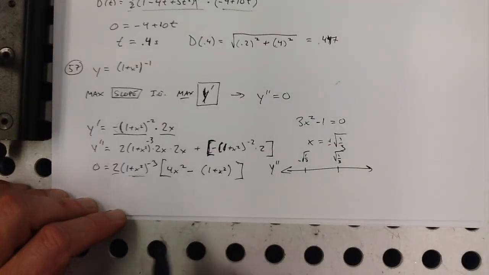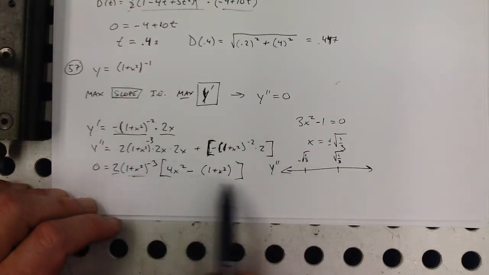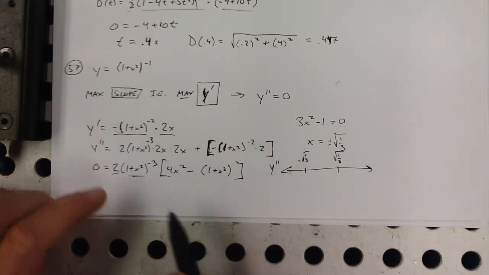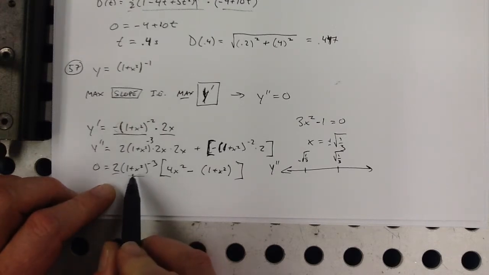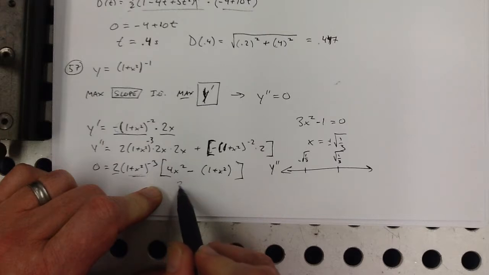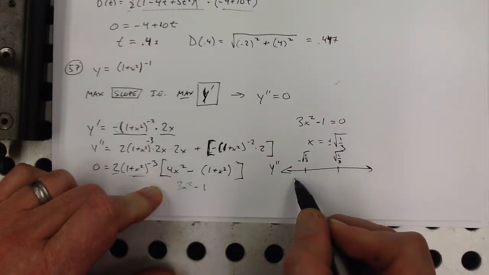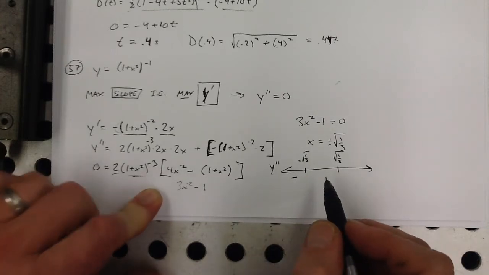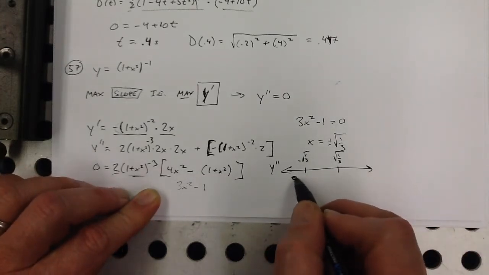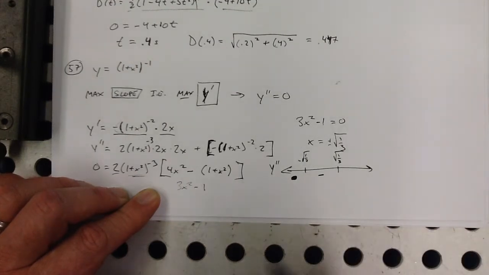The derivative of the thing I'm trying to maximize. When I plug 0 in, I'm going to plug it into this because this is in a simplified form. I get 2 times 1, and then this thing here, which is equal to 3x squared minus 1, that's negative. So this is going to be negative here. And then, oops, sorry, that was 0, wasn't it, that I just plugged in? So that's where the negative is.